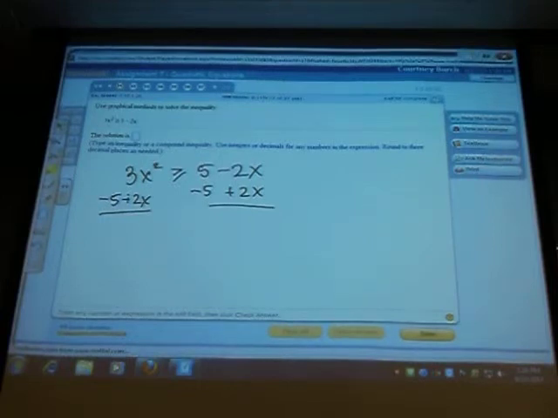That would be a positive 2 then, right? Yeah, so I would have 3x squared plus 2x minus 5 greater than or equal to 0. And I did that. But that shouldn't happen.